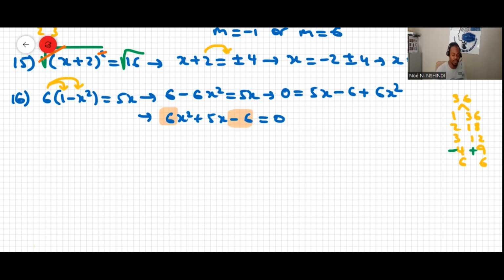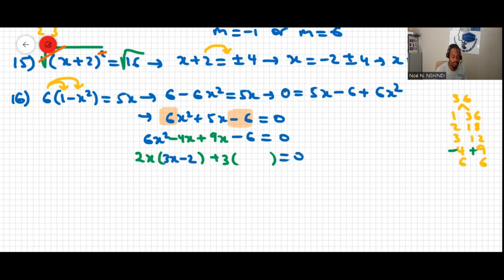Then we can break this into 6x squared minus 4x plus 9x minus 6 equals 0. Then we can take 2x for common factor, and then we can take 3 for common factor also. If I take 2x for common factor, left with 3x minus 2, there also 3x minus 2.